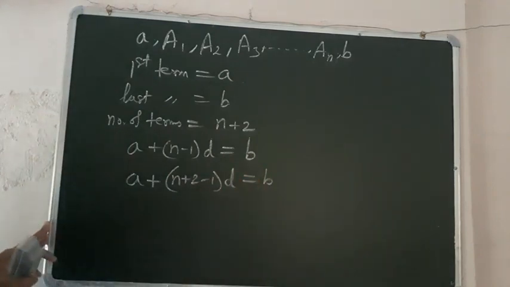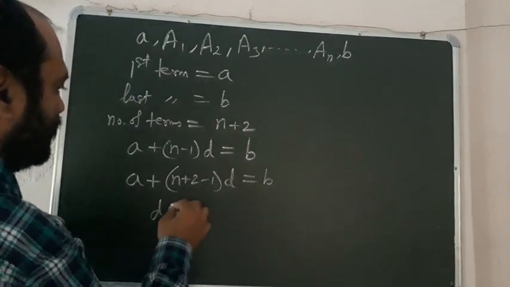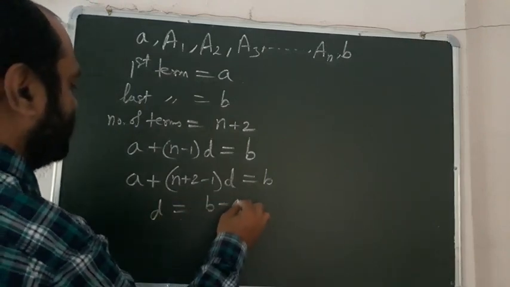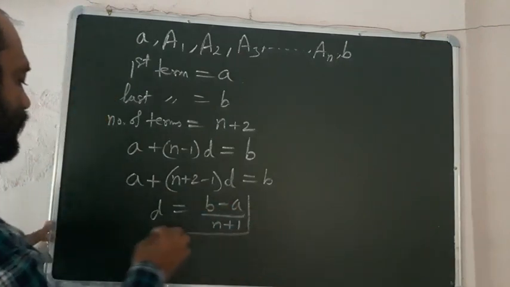Solving for d, we get d equal to (b minus a) over (n plus 1).